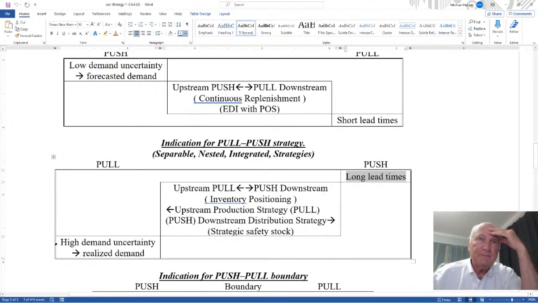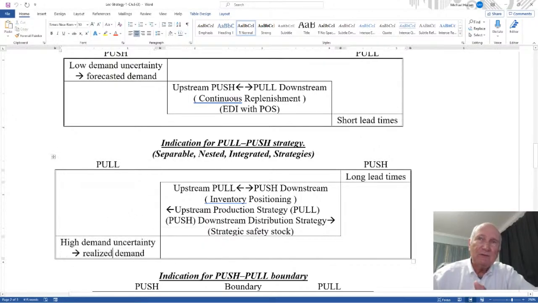But then upstream, you'll have a high demand uncertainty because you have a lot of variety in the product. And so therefore upstream, you'll have realized demand. You have to wait for that order to come in to make that. But you have long lead times because of that. You're going to have longer lead times down here.